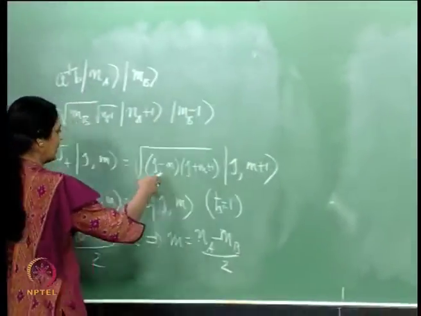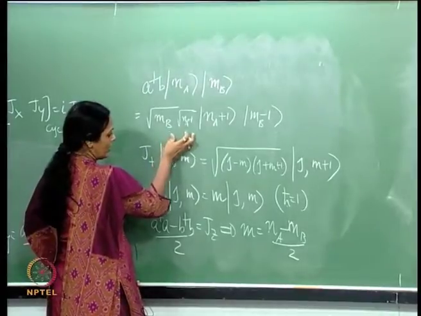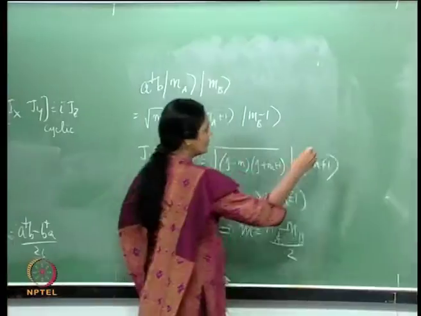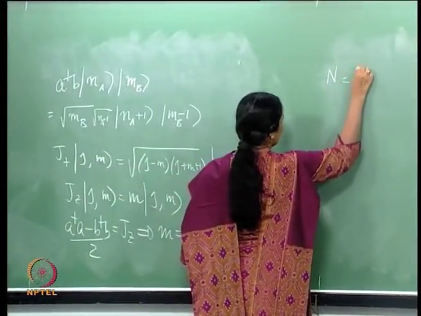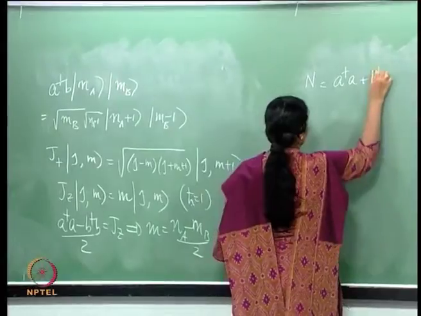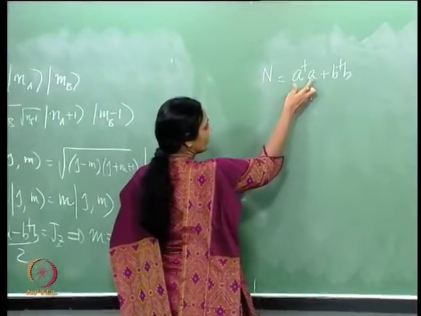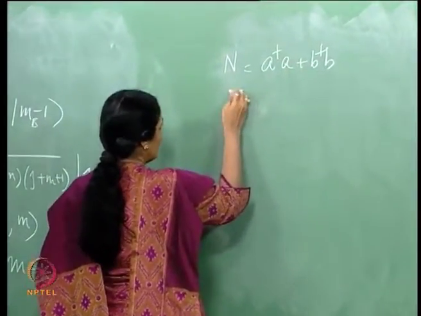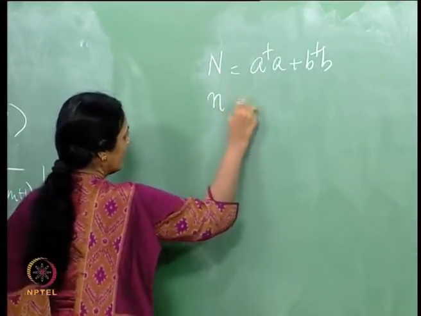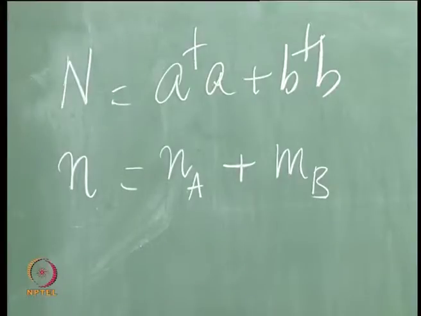In order to identify and make the connection between root Nb root Na plus 1 with root of j minus m times j plus m plus 1, let me consider the total number operator n, which is A dagger A plus B dagger B. Its eigenvalues are clearly the sum of the eigenvalues of A dagger A and B dagger B. So, let me call the eigenvalue corresponding to the operator n as little n, that is Na plus Nb.